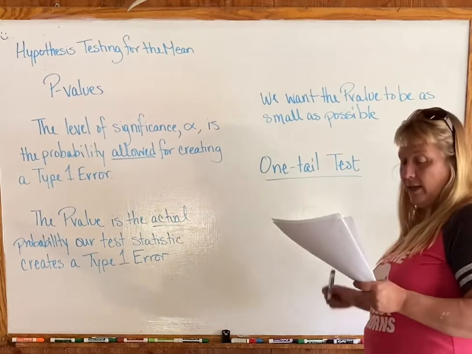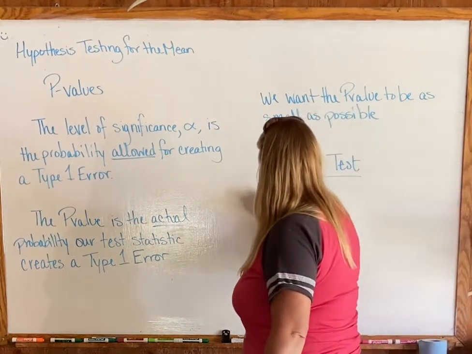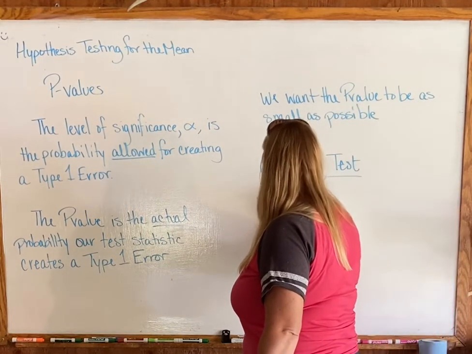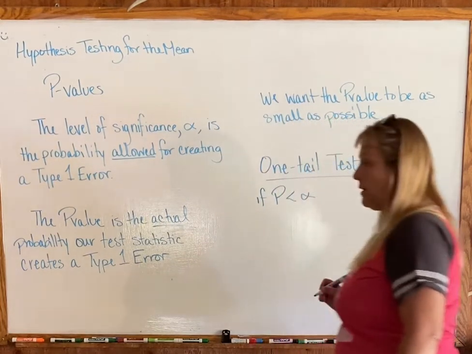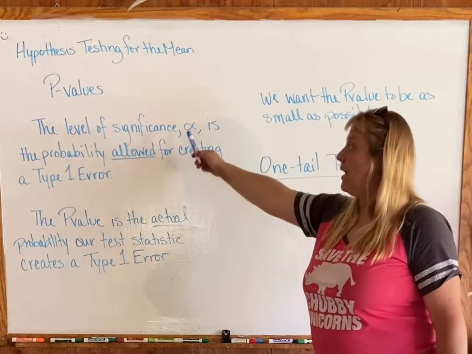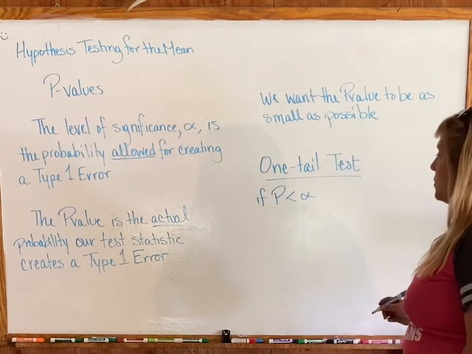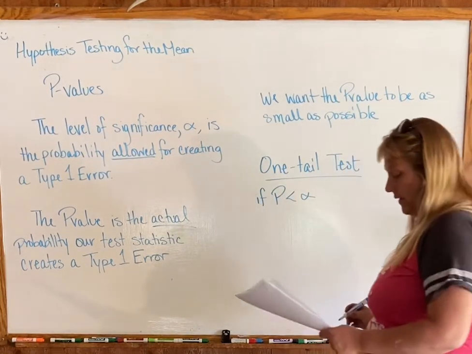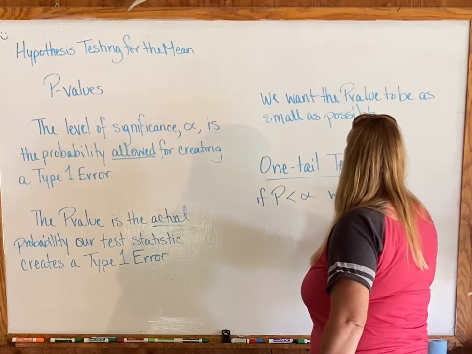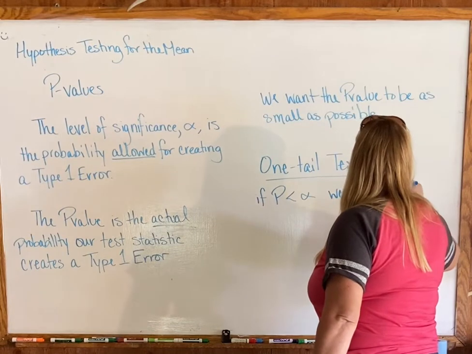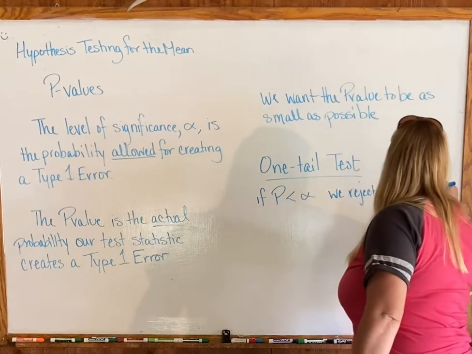So when we're looking at a one-tail test, this is what we do. If the p-value is less than alpha, so we find this p-value and we've been given this alpha, so if p is less than alpha, we reject the null hypothesis.